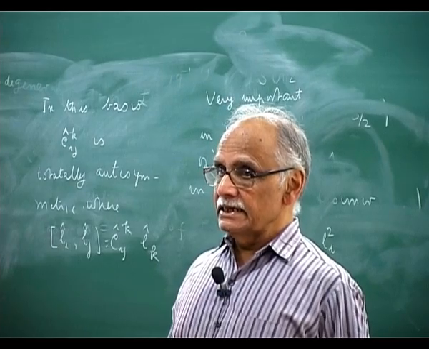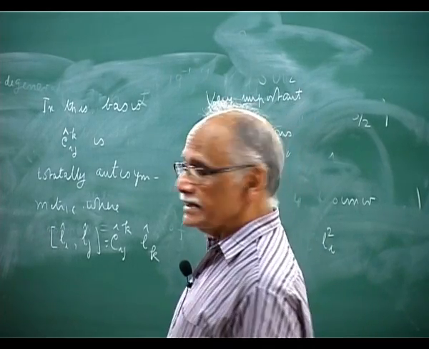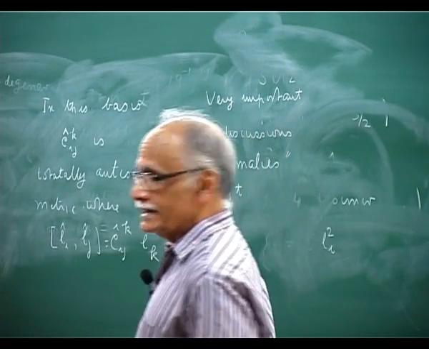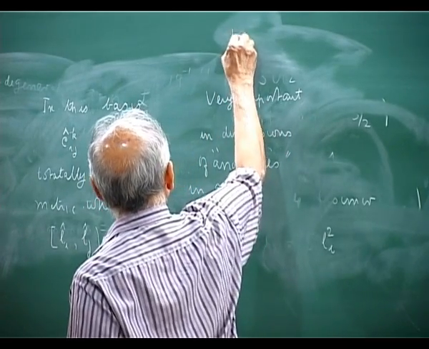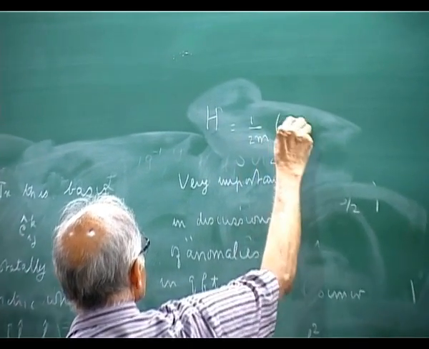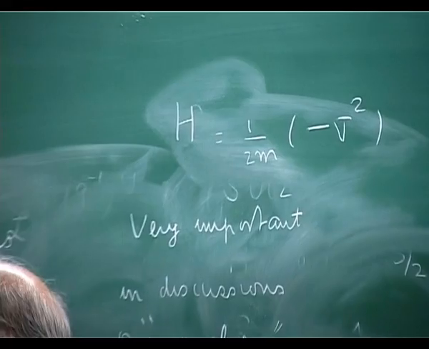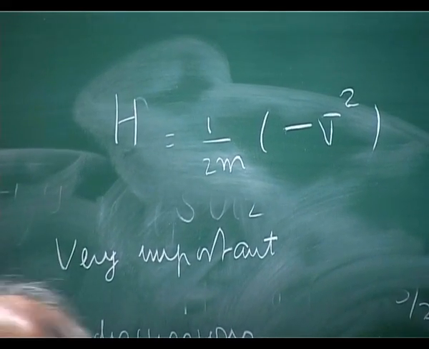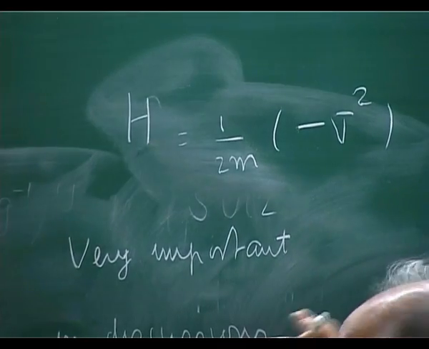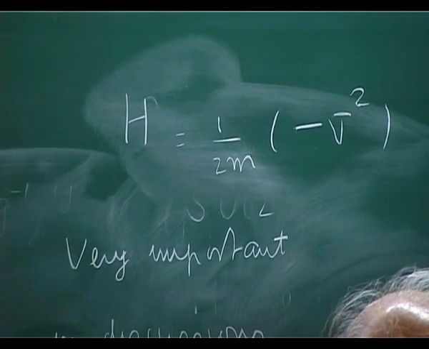You probably have heard that things like the Hamiltonian, which is 1 over 2m times minus Laplacian, is supposed to be an operator on some Hilbert space, for example L2 of R3.